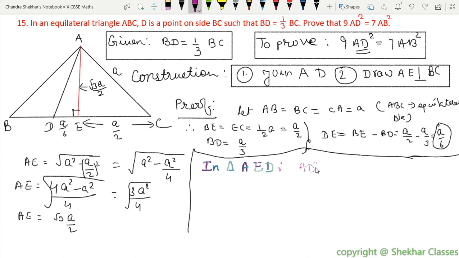So AD square is equal to AE square plus DE square. And we know that AD has to be calculated. So AE is nothing but root 3A by 2, this whole square, plus DE is A by 6, the whole square.